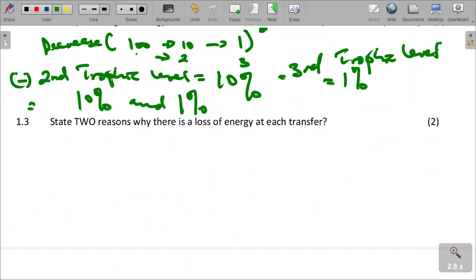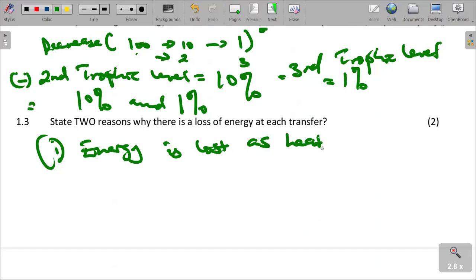I explained in the previous question that there is loss of energy at each trophic level. One, energy is lost as heat in respiration.